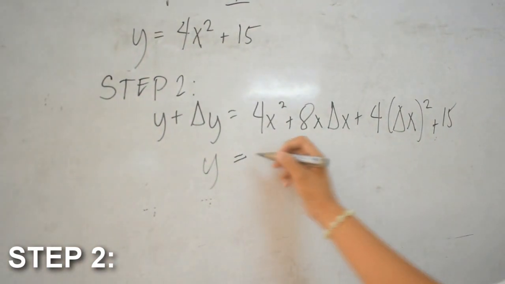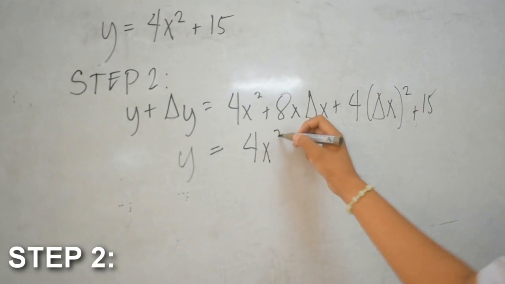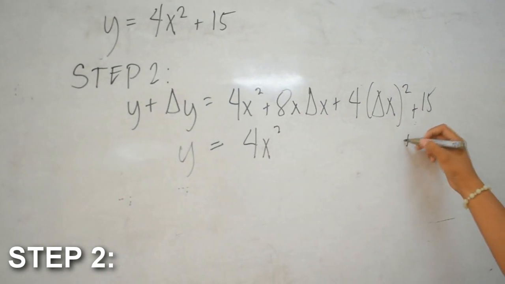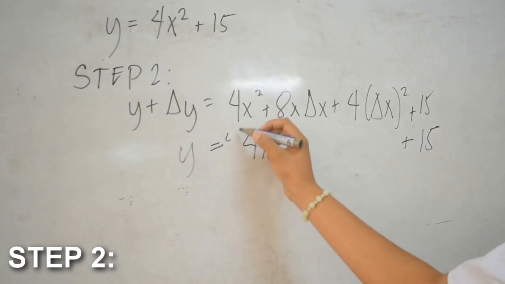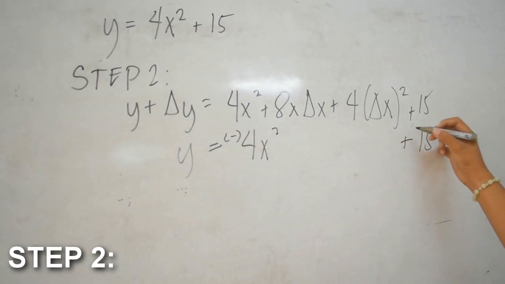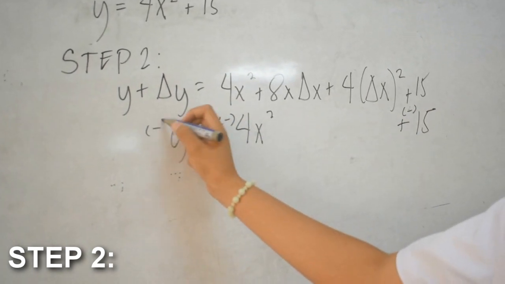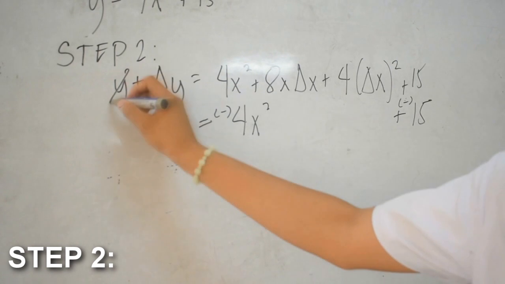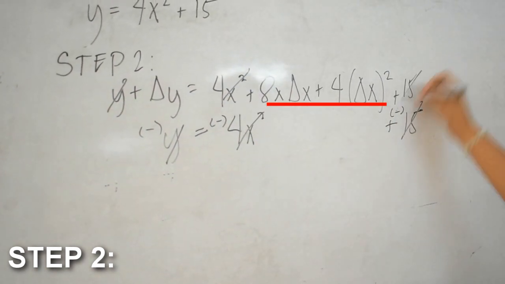Step 2. Find delta y by subtracting the given equation from the equation obtained in step 1 and then simplify. So, we have the equation y equals 4x squared plus 15. It will be subtracted from the equation obtained in step 1. Then, we have our answer: 8x delta x plus 4 delta x squared.